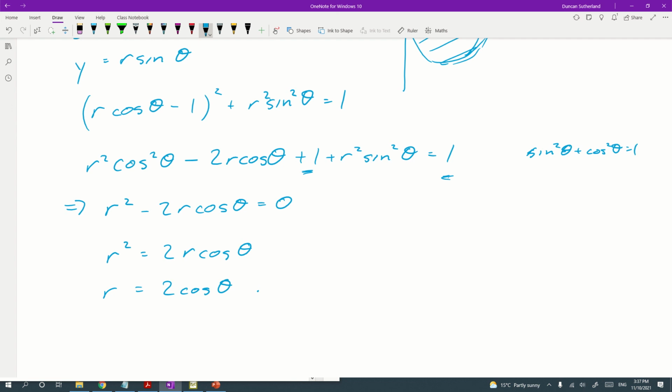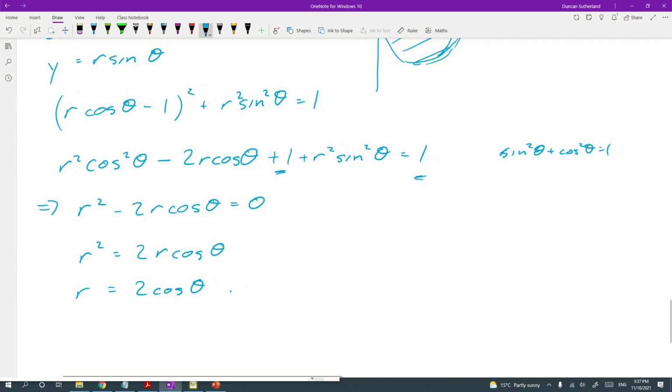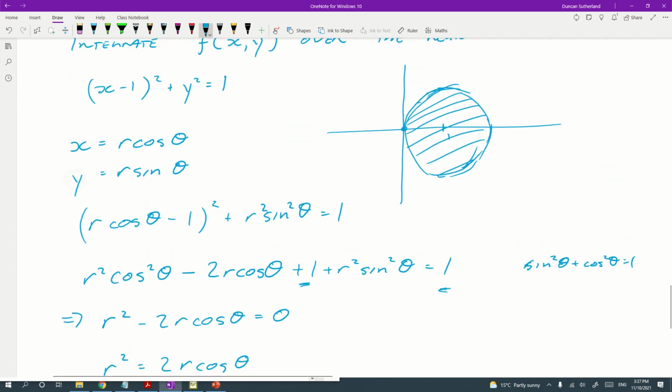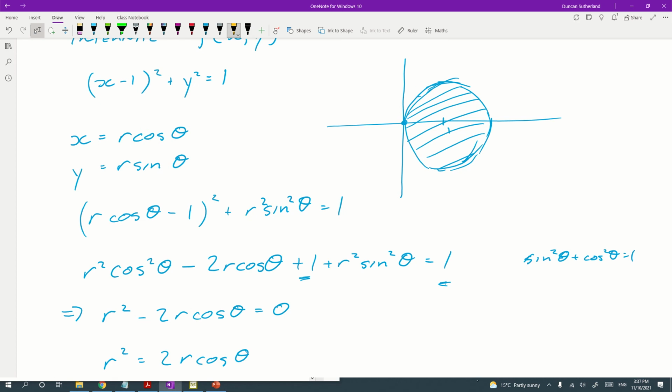Okay, so that's our radius, and our theta is given by, well, we've actually got a choice with how we can describe theta.